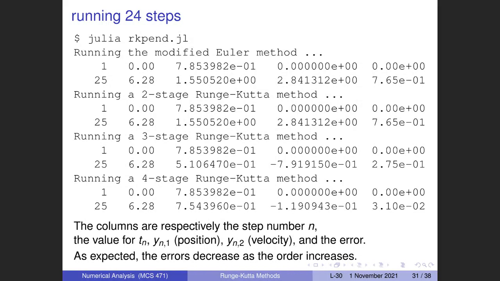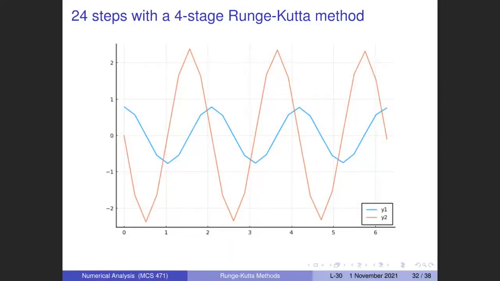The 3-stage are still far off. The 4-stage already has 1 decimal place of accuracy, and actually is closer to 2. At the end, the global error is plotted, printed. A picture says more.